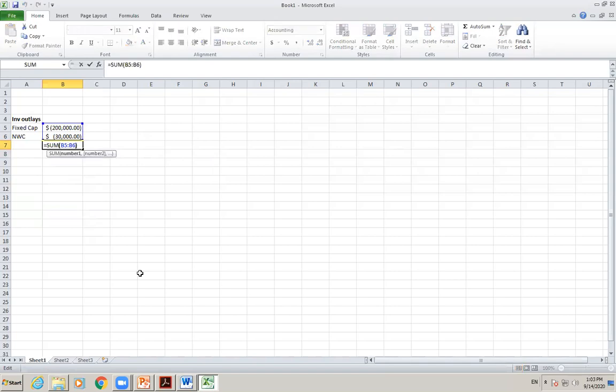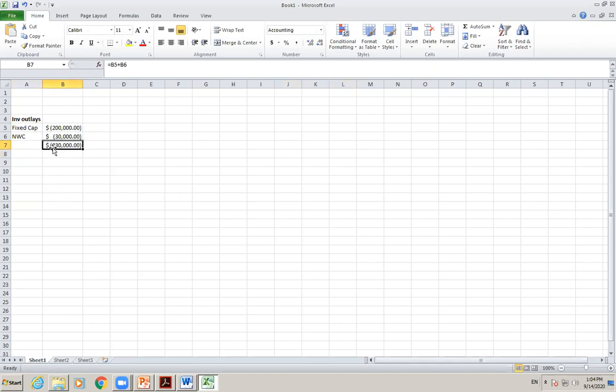For those who are not familiar with the Excel function, my aim here is to show the total investment cost that will be incurred if we go with this project. So this plus this. Two negative numbers should be added.